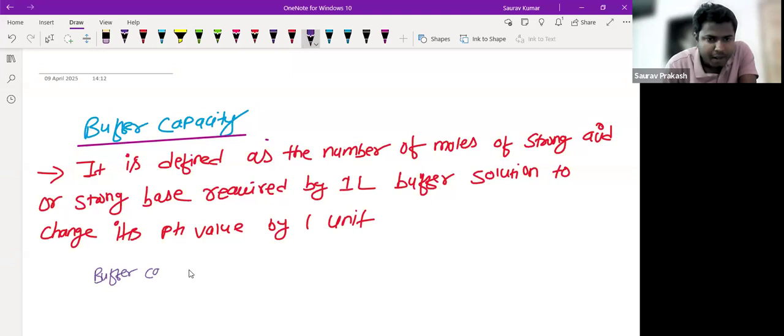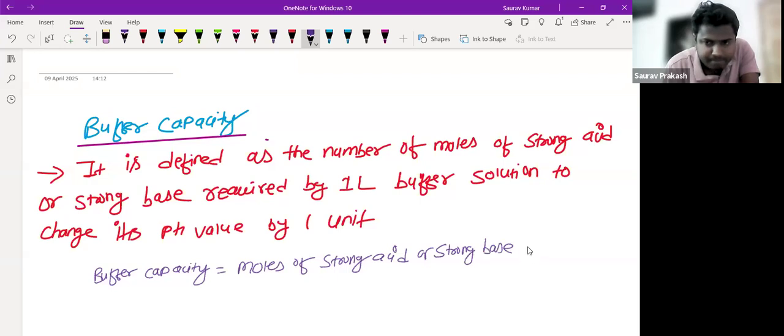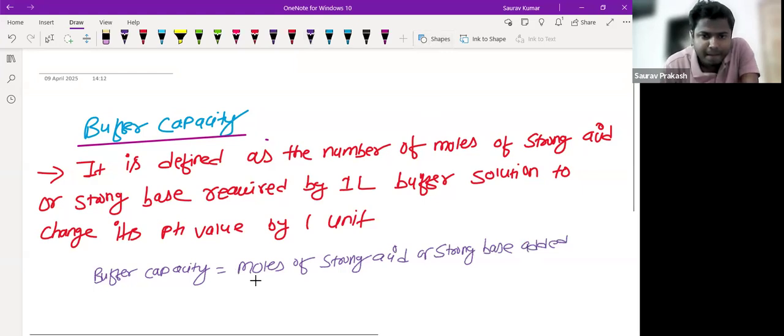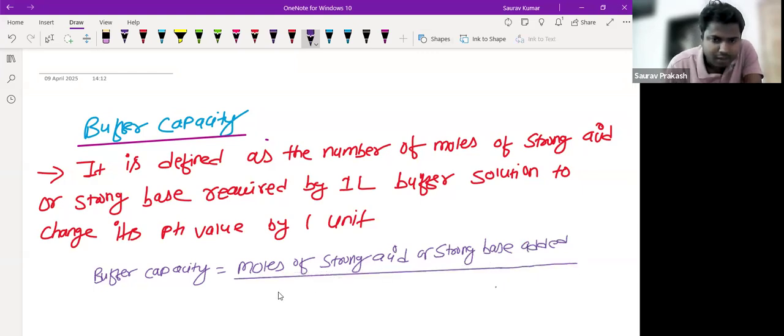Buffer capacity will be the moles of strong acid or strong base added upon the change in pH of buffer.